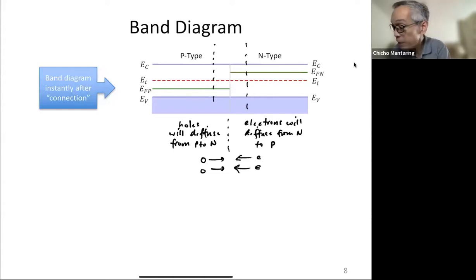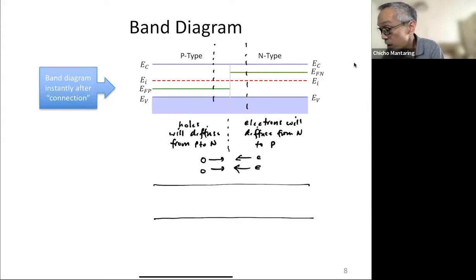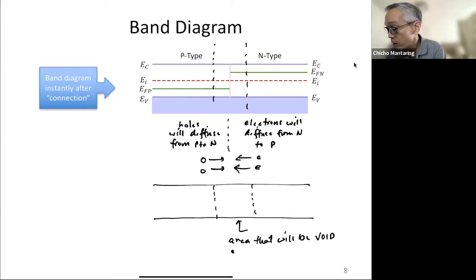So eventually, you have an area here. Okay, let me just redraw it here. You're going to have an area here that will be void of charge carriers. You're going to have an area that's going to be void of charge carriers.